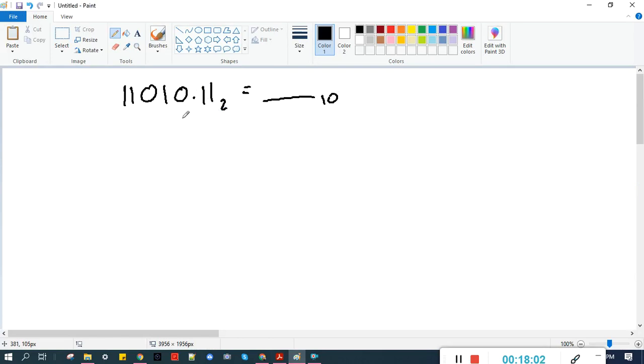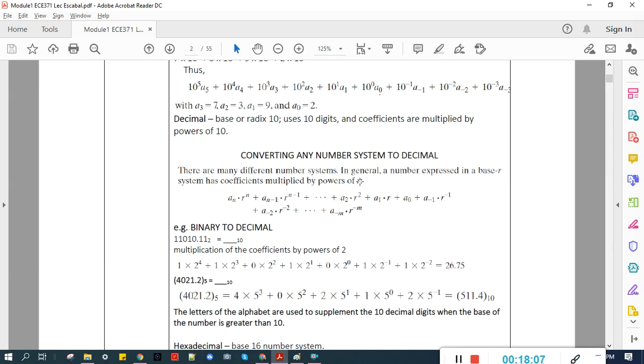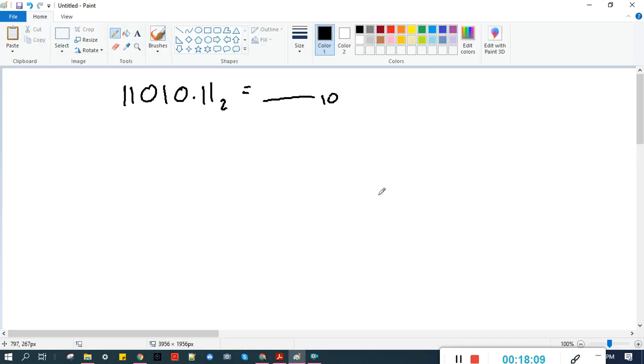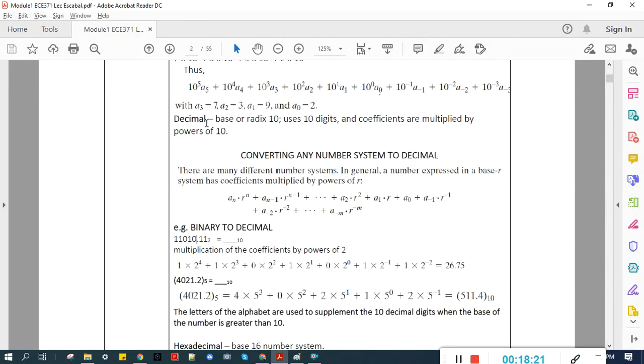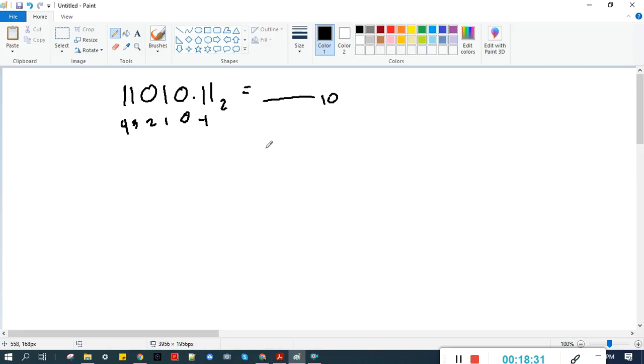So let's write first the powers, the exponents. The exponents are 0, 1, 2, 3, 4, and then for the fractional digits, -1, -2.